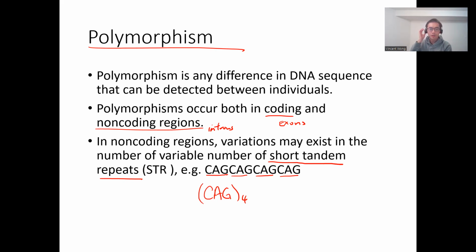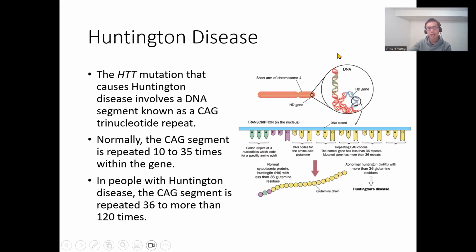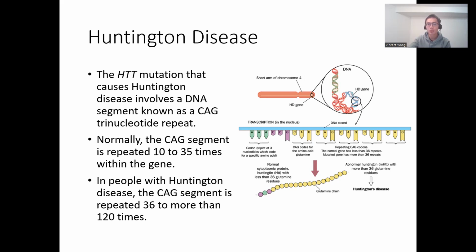Now, sometimes these short tandem repeats are associated with diseases. An example of that is Huntington disease. For those of you who don't know, Huntington disease is a progressive neurological disorder that causes uncontrolled movement as well as loss of cognitive ability. If you're thinking uncontrolled movement, isn't that like Parkinson's? Or loss of cognitive function, isn't that like Alzheimer's?